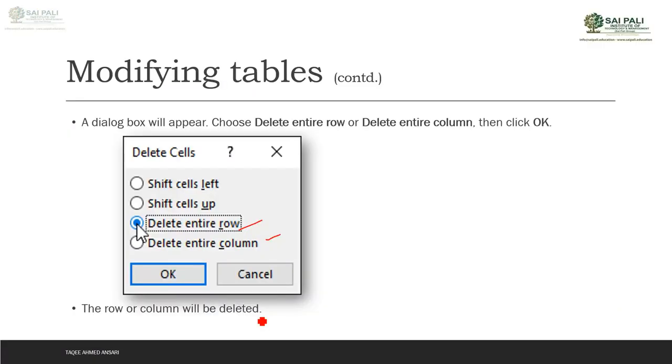So this is how we can delete rows and columns, or even single cells, which is not recommended, because if you have a lot of data in the table, it can misconfigure the data. So it is not recommended to delete a single cell, but we can do it.